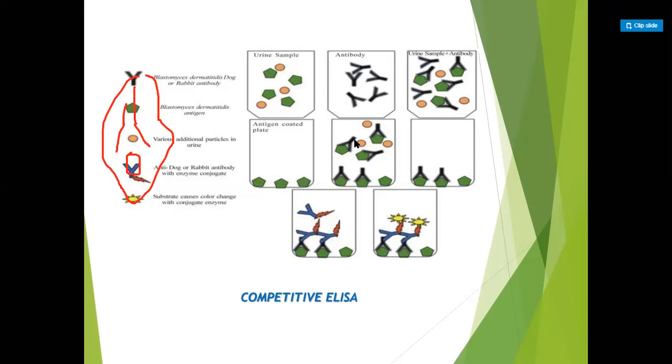When this substrate is bound to a ligand, it will give a color, and this color will be confirmed for the detection of the antigen and antibody complex. So by using these immunological techniques, that is the immunoenzyme technology, we can detect the presence of any particular kind of antigen and antibody. So our lecture is over here.